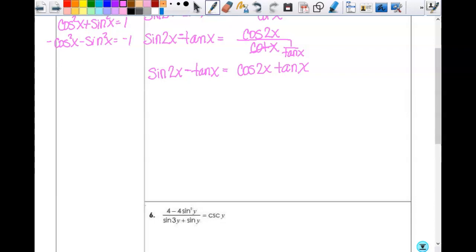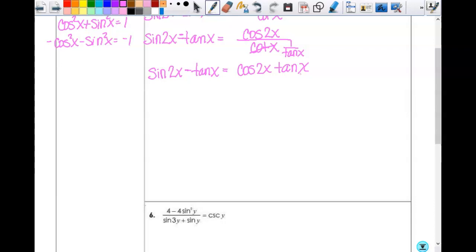Yeah, 1 minus 2 sine squared? Okay, well, let's think about it this way. Don't think in terms of sine and cosine. Whatever I substitute in for this has 2 terms in it, right? And this tangent will have to be distributed. In the end, I want minus tangent x. So which one of those would help me get my minus tangent x?